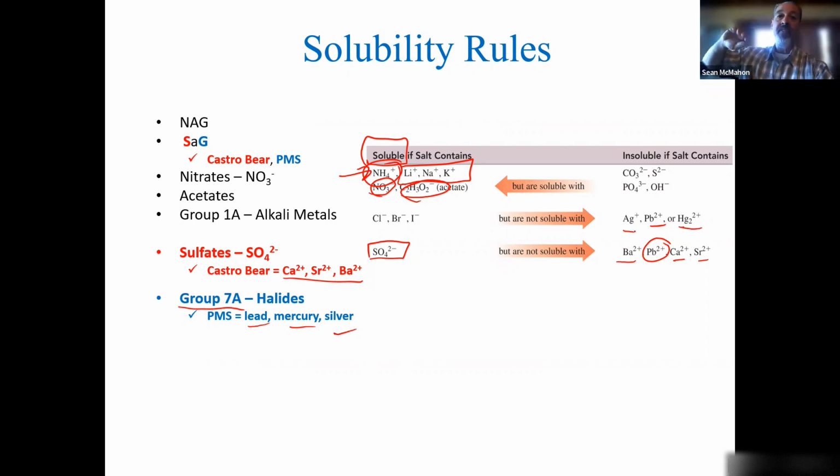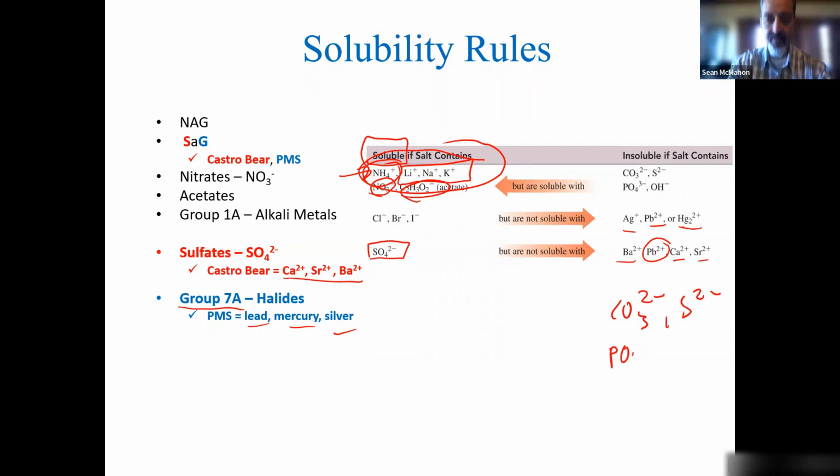And again, if it's any of those other ions that I had earlier, it means it's insoluble unless it's with one of these. So hydroxides, sulfides, phosphates, carbonates are all insoluble, right? So I could literally just write that right here for you. They're always insoluble.